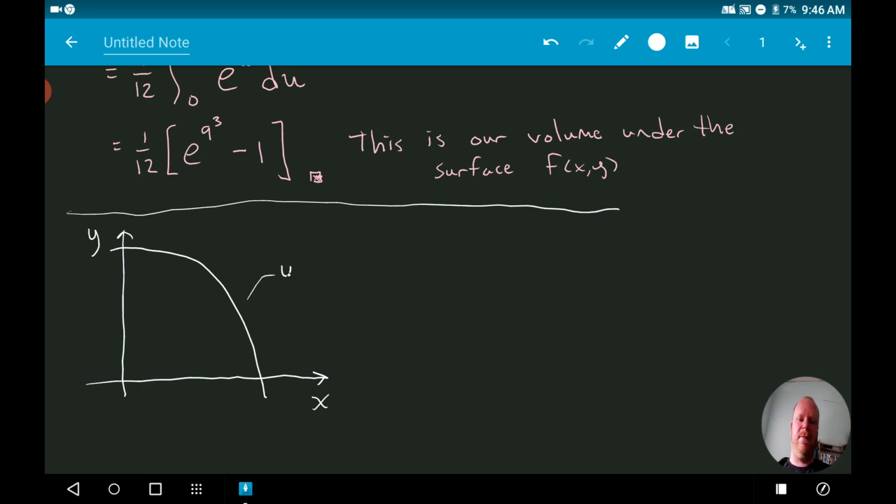So I'll have the same curve, y equals square root of 1 minus x. But here I'm going to talk about a region that stops at, let's say, 3/4.